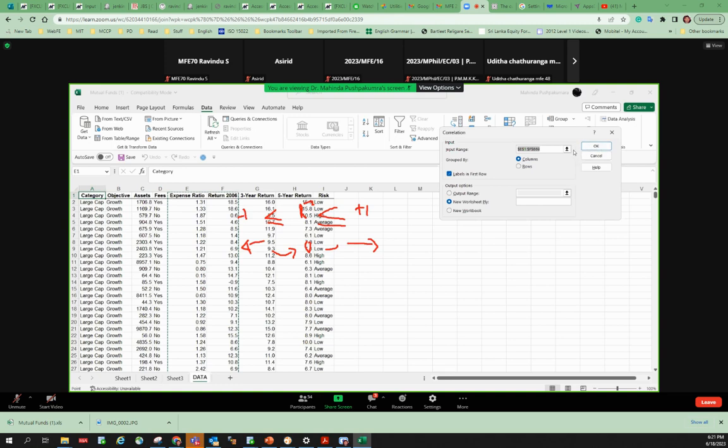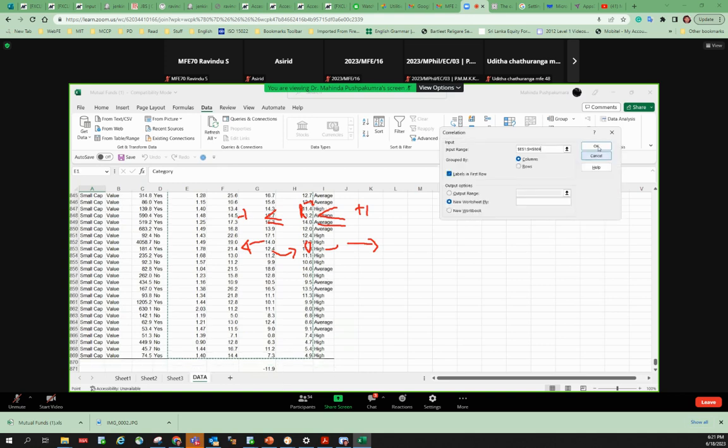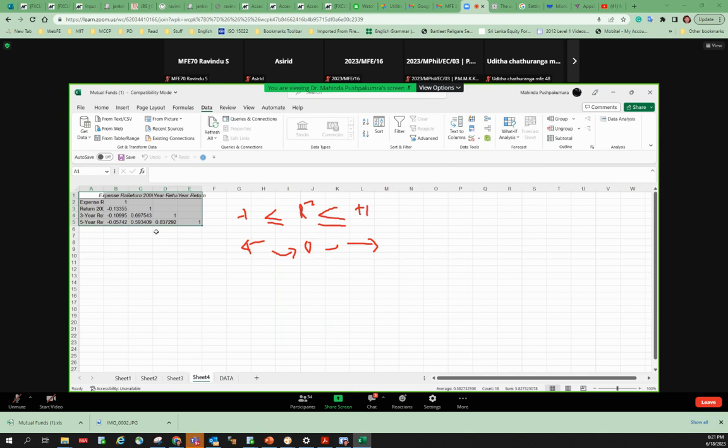Then we select all these variables. Then okay. Then please try to interpret this table.